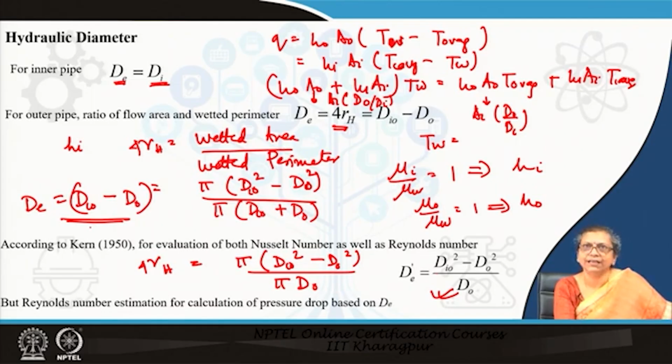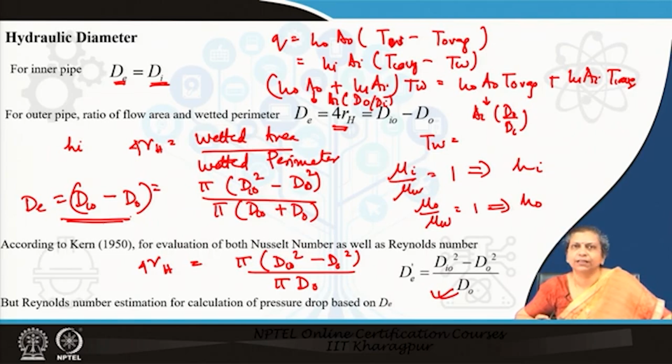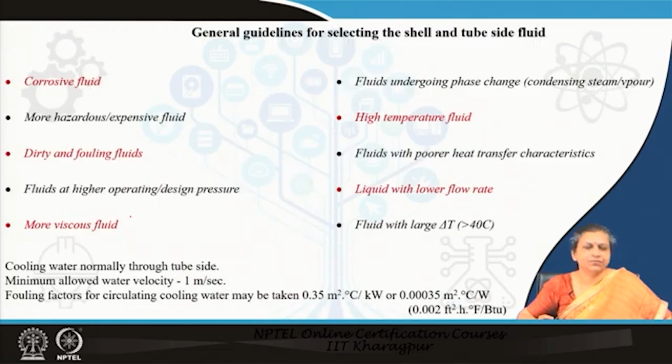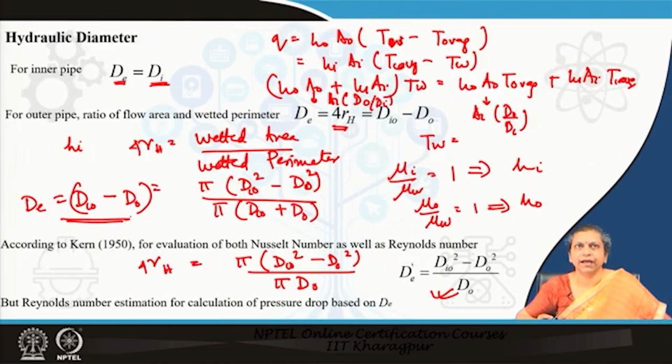Anyhow, for our case, we take up this particular definition of the equiperiphery diameter to calculate Reynolds number for both pressure drop as well as heat transfer coefficient. We take this up to calculate also the Nusselt number. We take up this particular definition also for calculating the friction factor. We use the same thing. Well, this was regarding the hydraulic diameter.